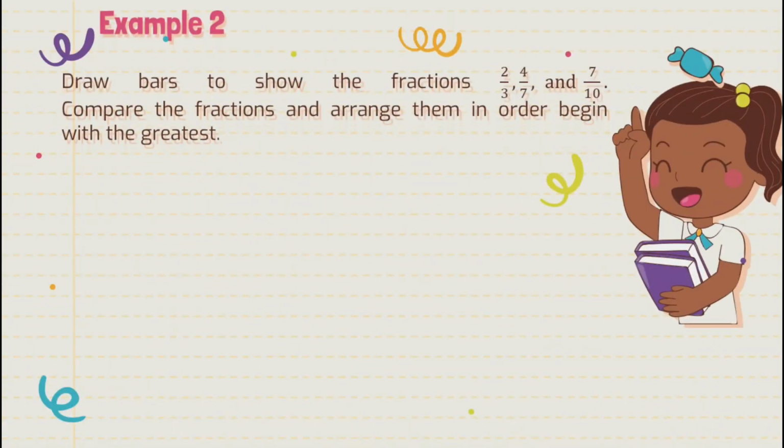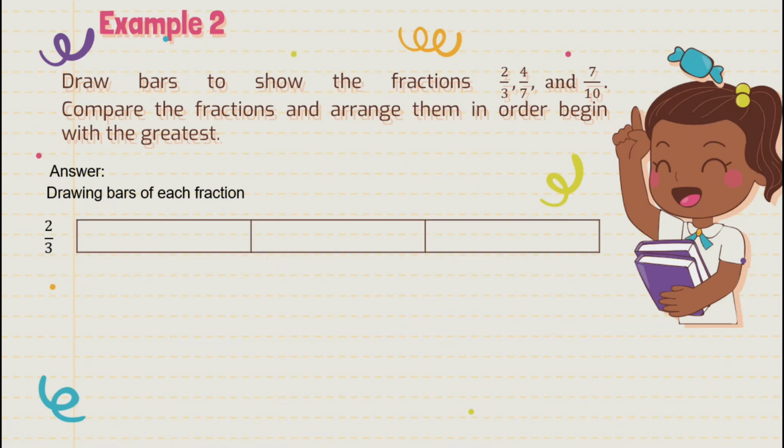Example 2. Draw bars to show the fractions 2/3, 4/7, and 7/10. Compare the fractions and arrange them in order beginning with the greatest. Answer. Drawing bars of each fraction. 2/3.